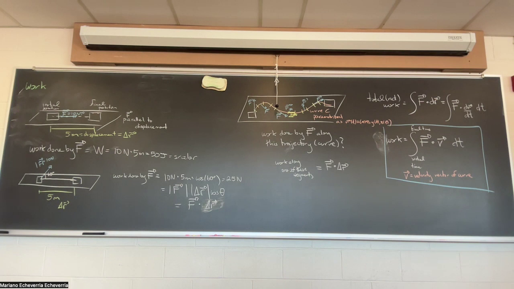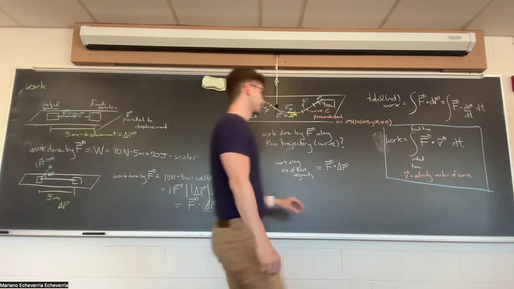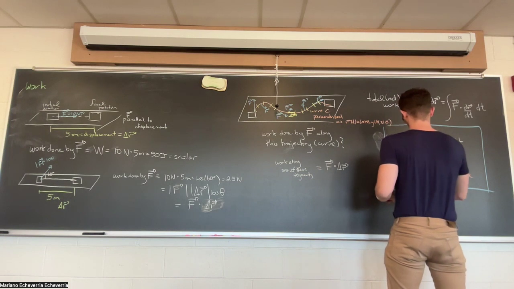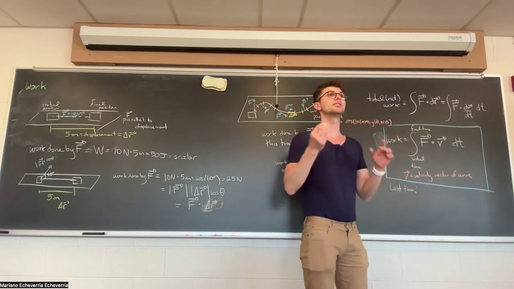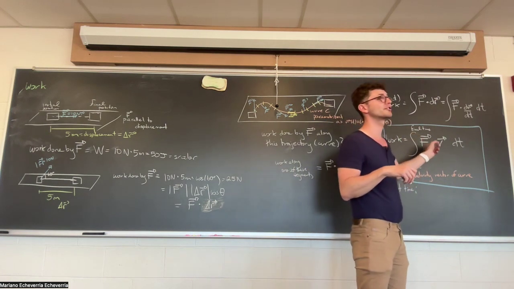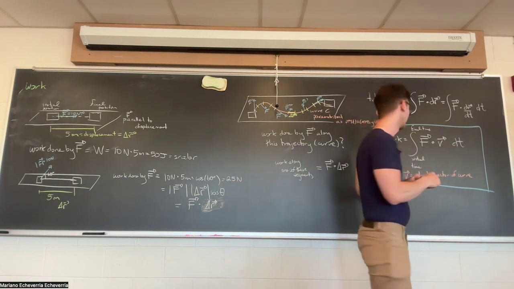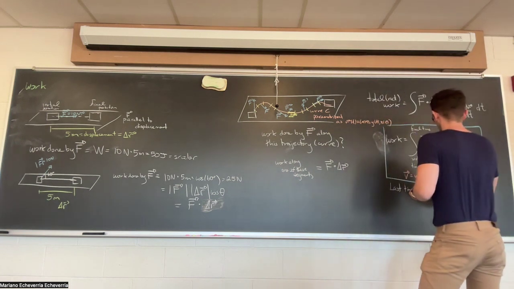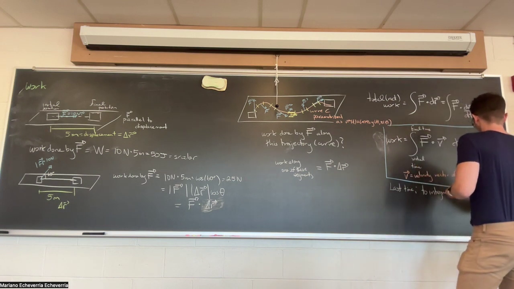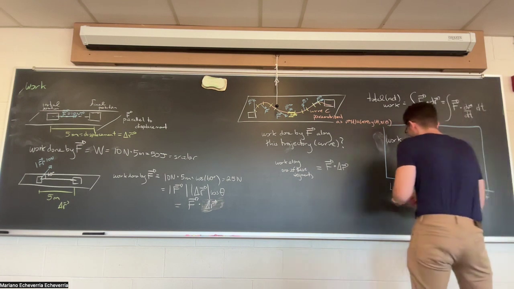And now this looks more or less similar to what we were doing last time, because last time, if you remember, to integrate a function, what we did was integrate the function times the magnitude of the velocity vector.